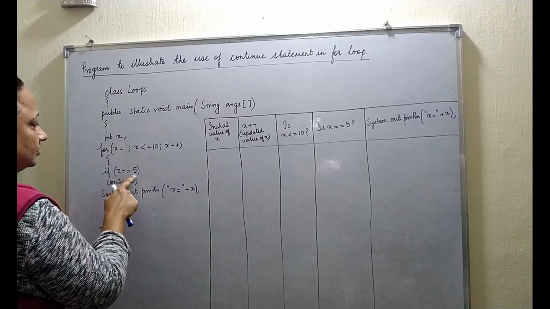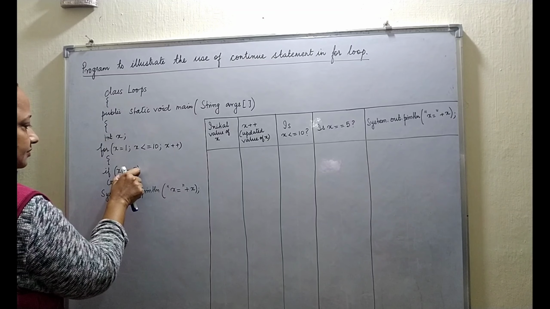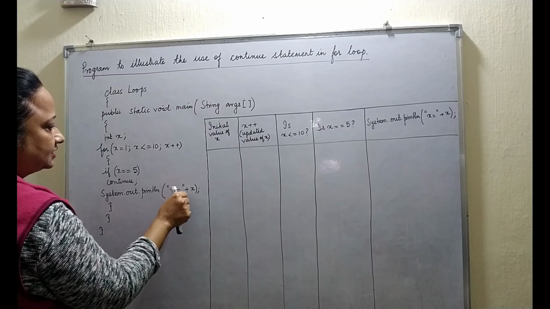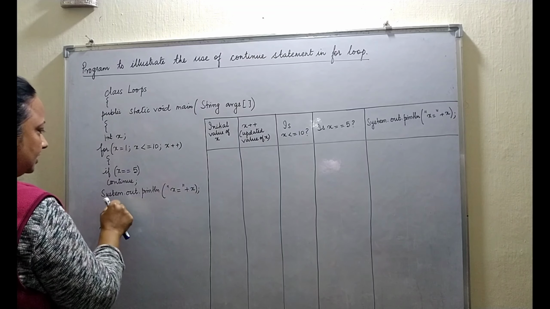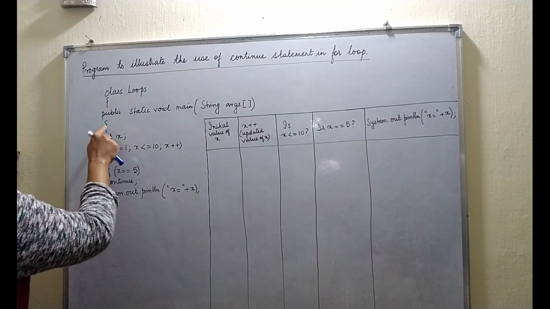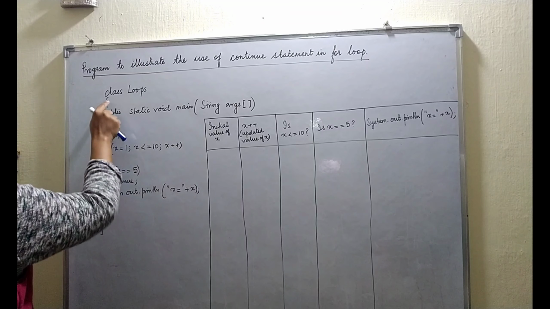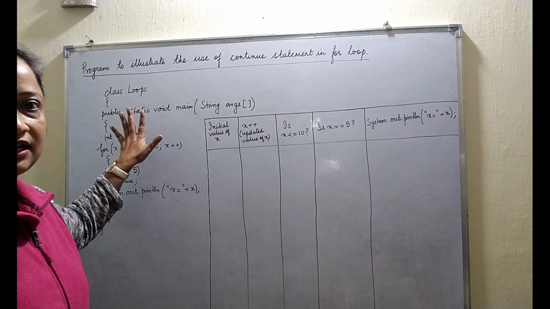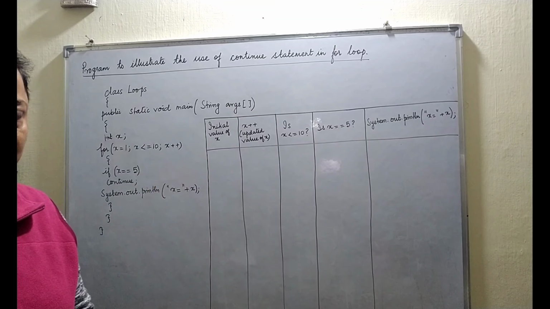Now if x equals 5, when the value of x becomes 5, continue. System.out.println x is equal to plus x. This is the closing brace for the for, this is the closing for main, and this is the closing brace for the class. Now let me explain with the help of this working table how exactly this program works.